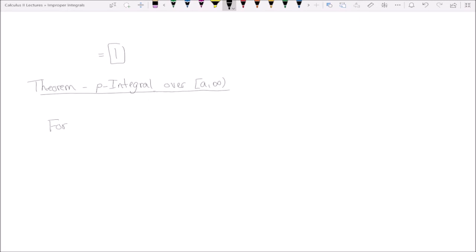For a greater than 0, the p integral from a to infinity, so the integral from a to infinity of dx over x to the p, converges to a to the 1 minus p over p minus 1 if p is greater than 1, and it diverges if p is less than or equal to 1.